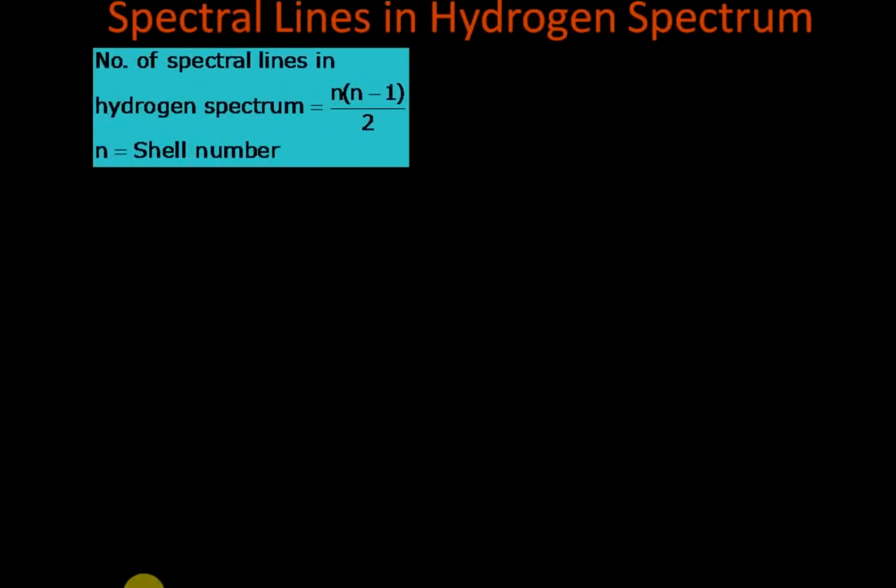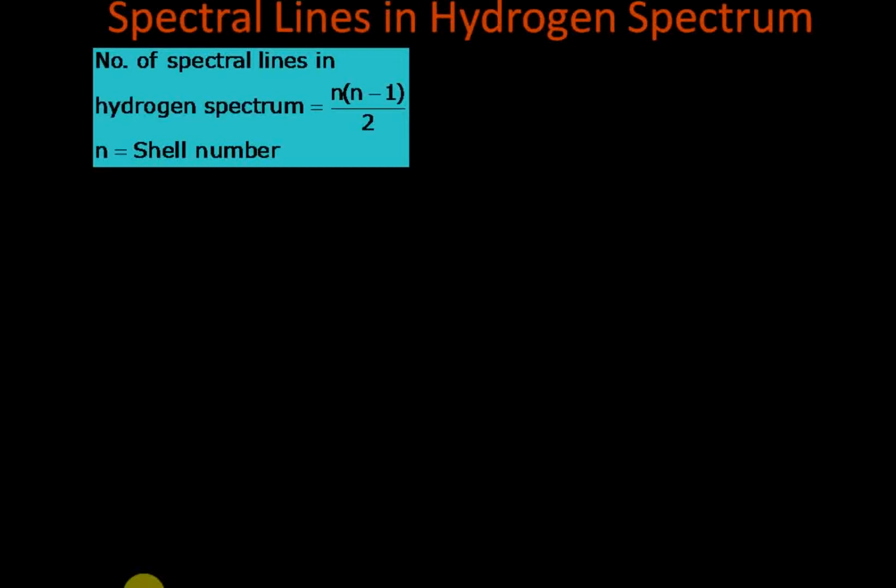Now for spectral lines in the hydrogen spectrum, we have a basic formula to find out how many spectral lines can be obtained in a particular series. The number of spectral lines is equal to n into n minus 1 divided by 2.